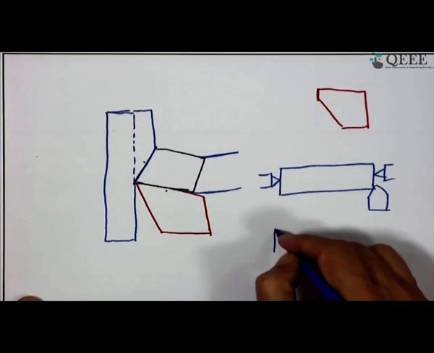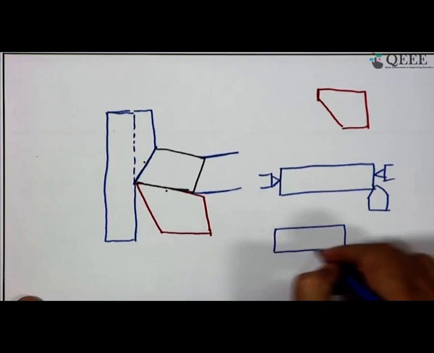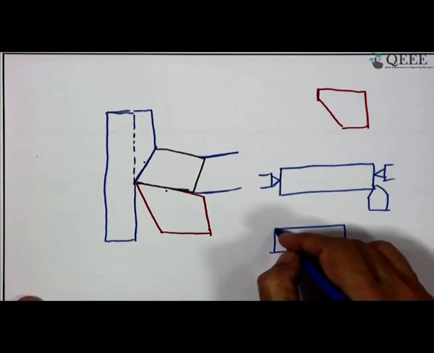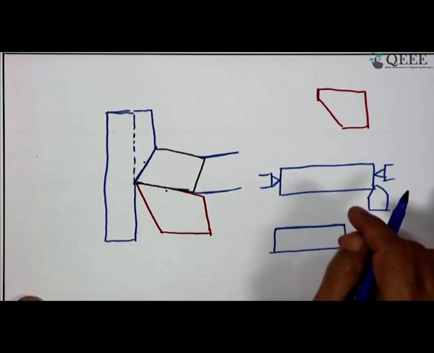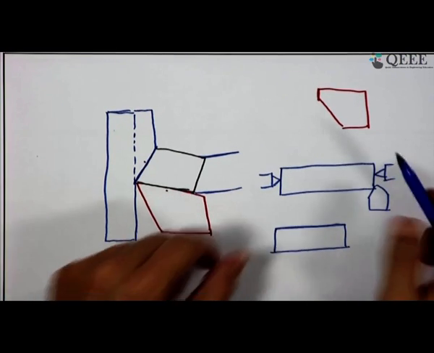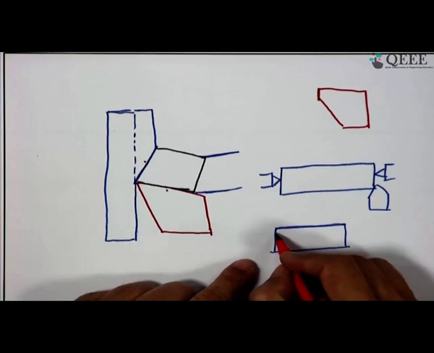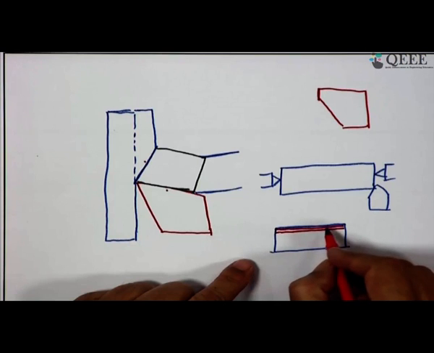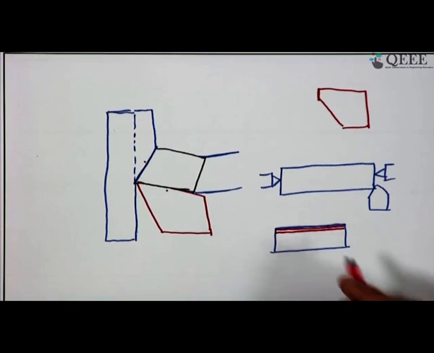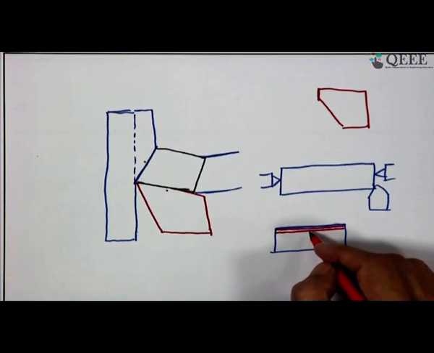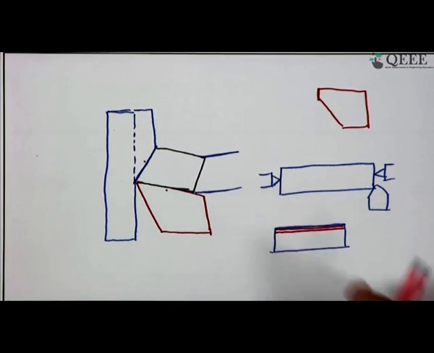If we consider a flat surface, so here the cooling will be faster. So, this will try to contract, but that will not be allowed by the layer just beneath it. Same material, it is not two different layers, the layer beneath it, because of this temperature gradient, it will not allow. So, as a result of that, the top layer will be under tension, and that is called residual thermal stress.